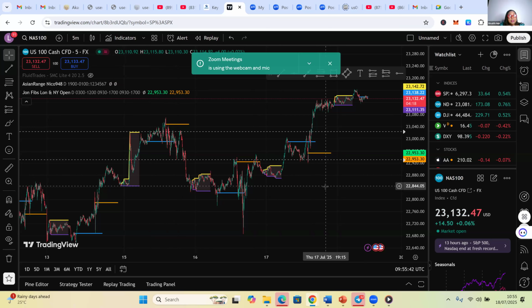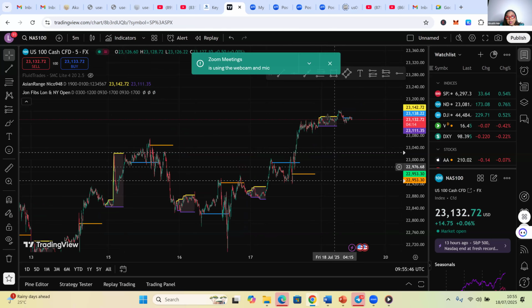I like easy things. So if you come here, you see this time right now the higher part is 23143, and this lower part is 23,111. So when we are talking about breakout, for instance, I'm on the 5 minutes time frame. Breakout is, you want to watch out for the next two candles.